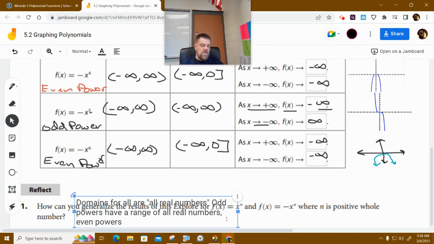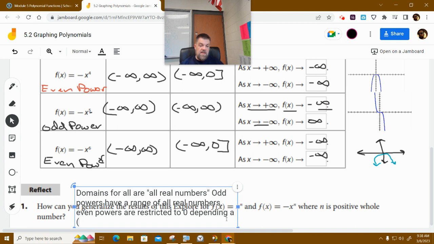Even powers are restricted to 0, and I'm just going to say depending on A, right? And then in parentheses, I'm going to say f of x equals A times x raised to n.